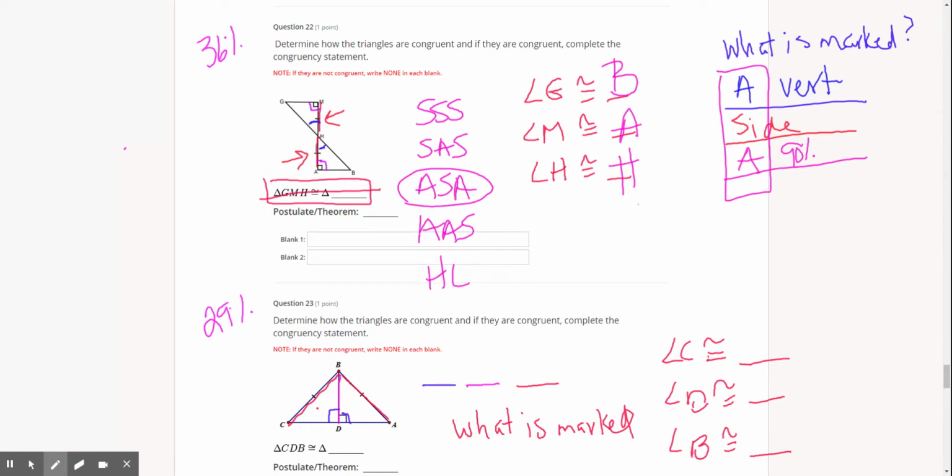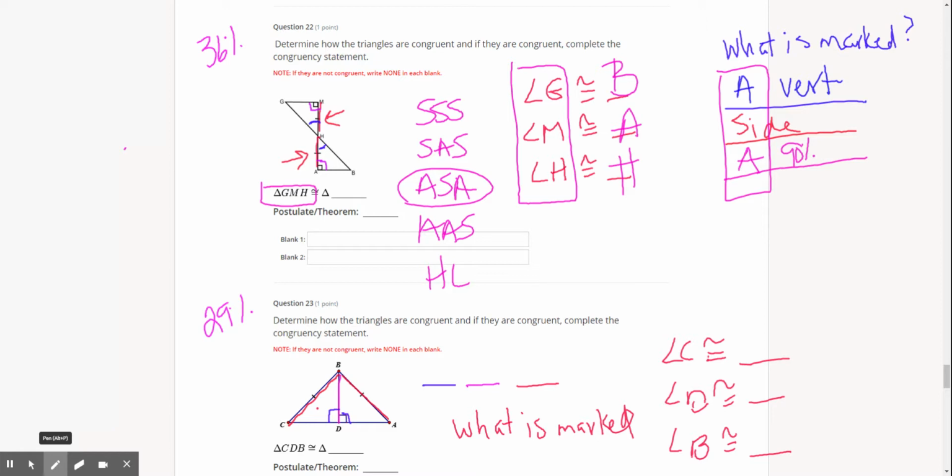I can't hear you. So blank one asks you what goes with GMH. So what goes with G? You're making a key there.